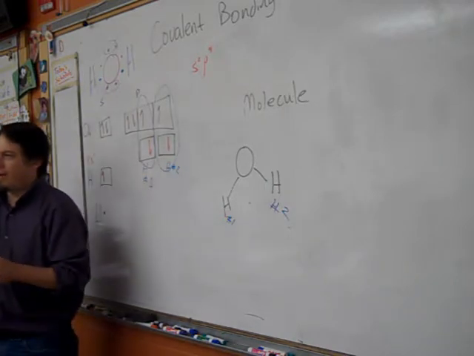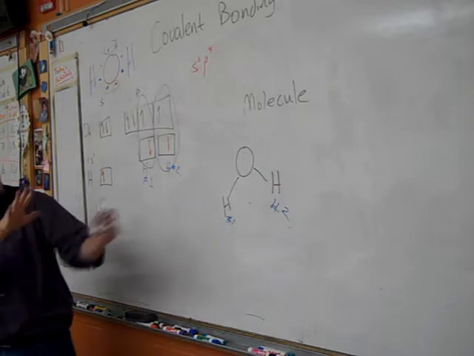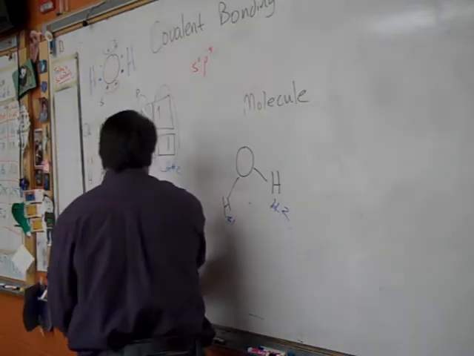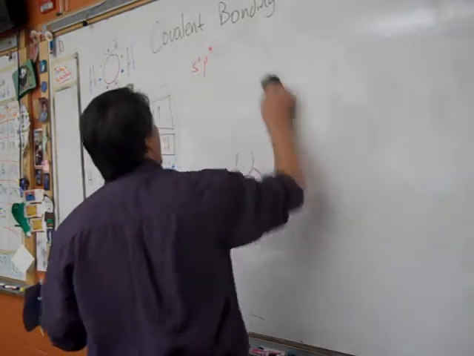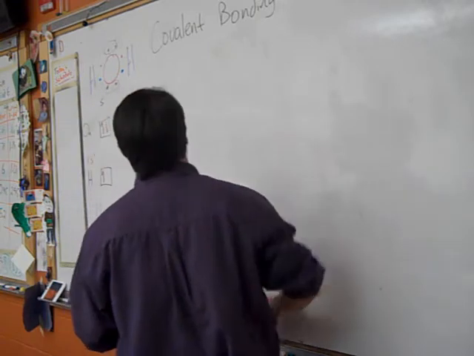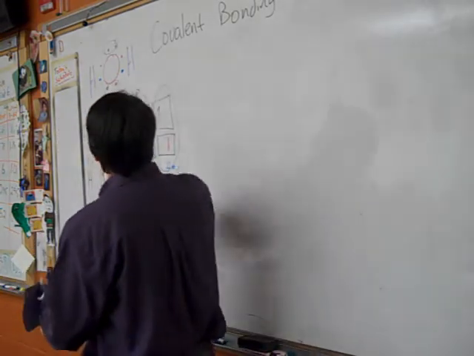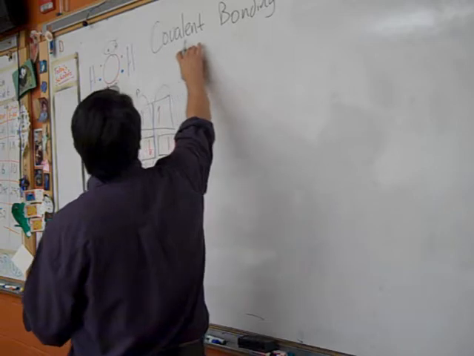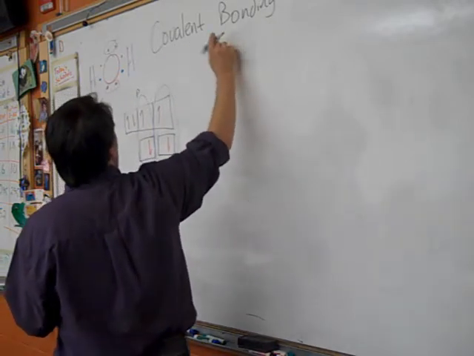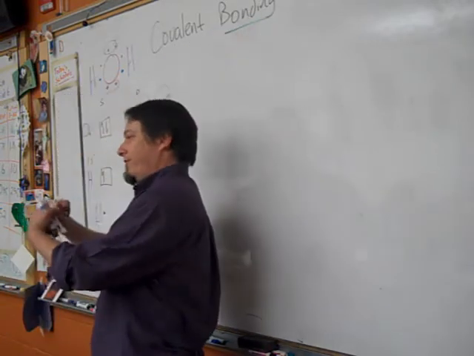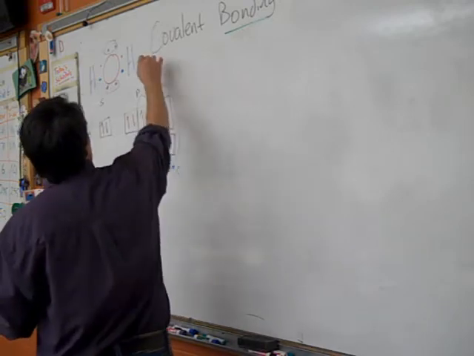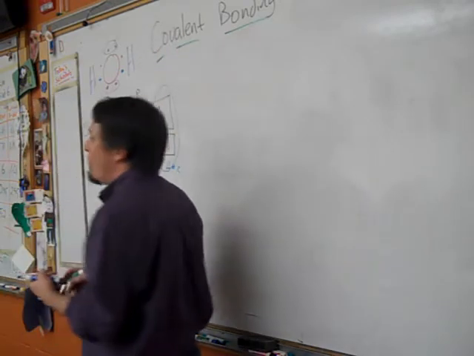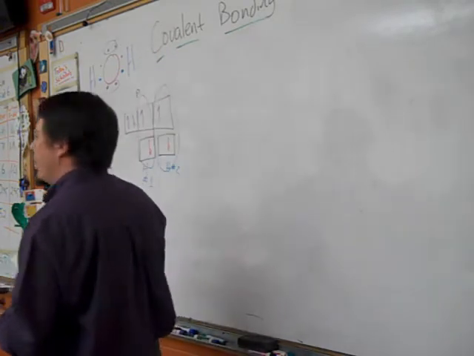So think about that for a second while I prepare this side of the board for the next example. Does anybody have any questions about that? Oh, by the way, wait. Back to what I promised, which was that we would just explain what this means. So bonding, I think we understand. Bonding is bonding. But covalent. So what's really going on with covalent bonding?